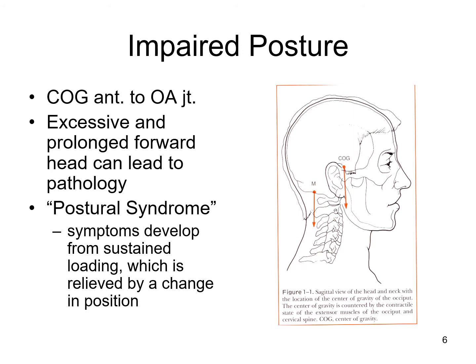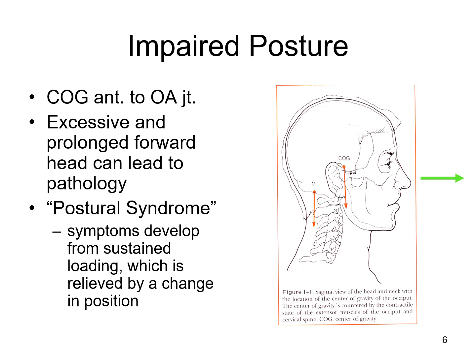And really what it relates to is the center of gravity of the head shifting forward, or anterior, to the atlanto-occipital joint. And when we see that, we get excessive and prolonged forward head posture.